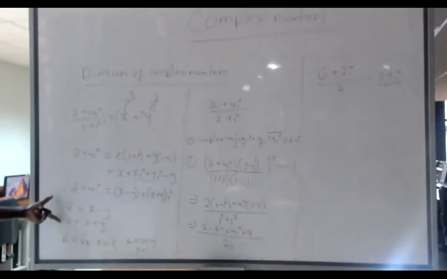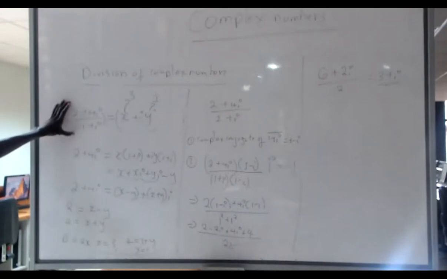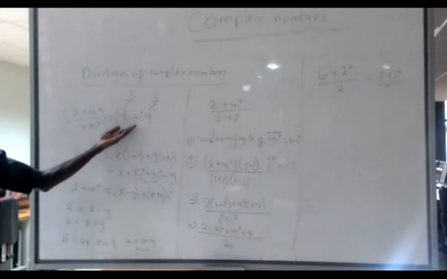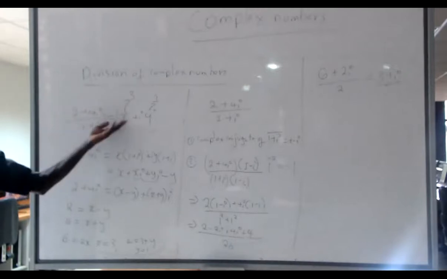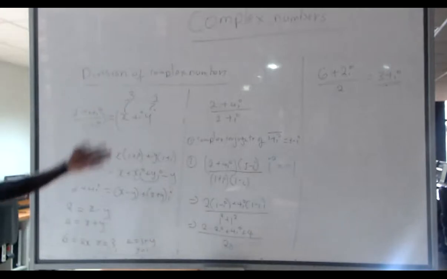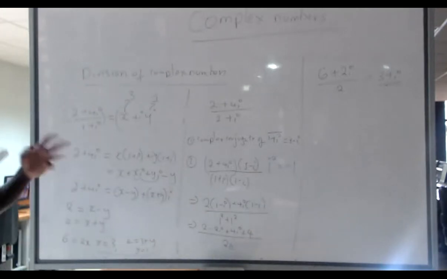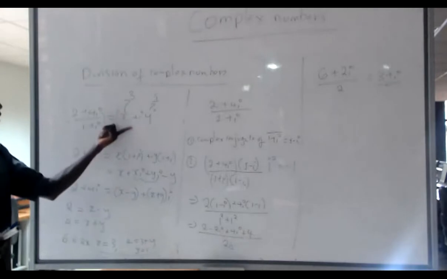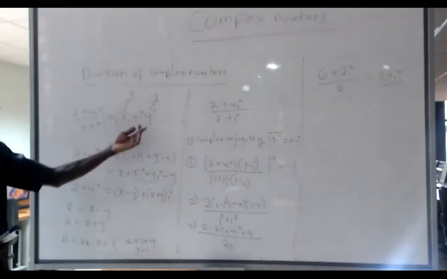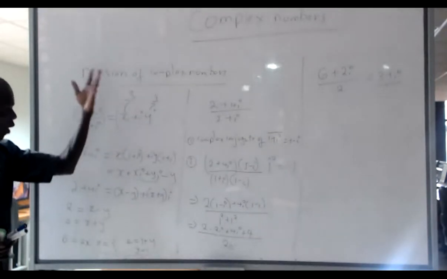Yeah, so I was explaining how to solve these two simultaneous equations. I know we have not done simultaneous equations, but this is just an alternative method to divide complex numbers. You let it be some given complex number, because when you divide two complex numbers, you expect another complex number. This happens because the complex numbers form what you call a field. That's why I let this be some complex number with real part an unknown value x and imaginary part some unknown value y.